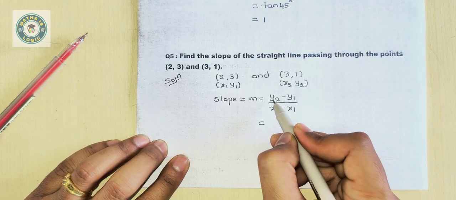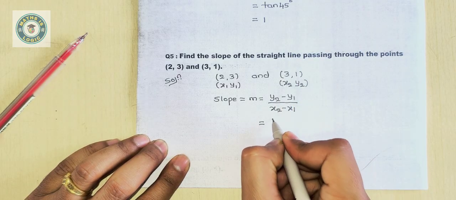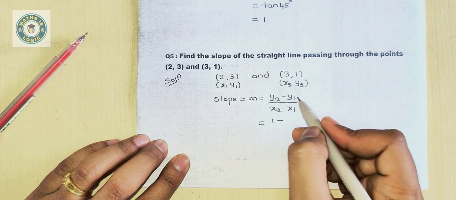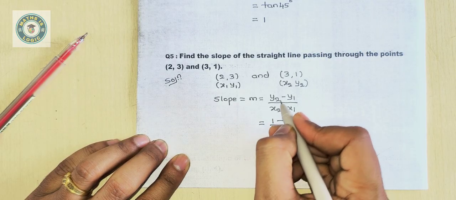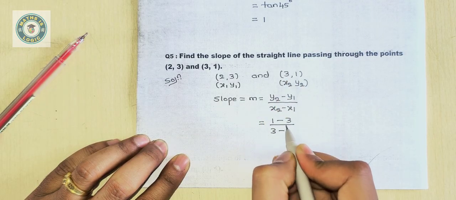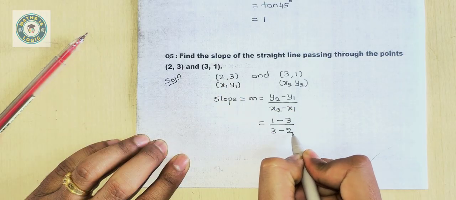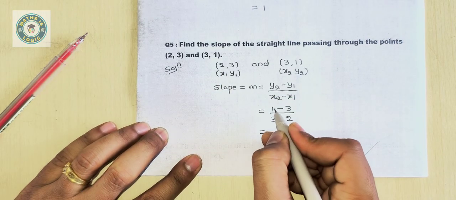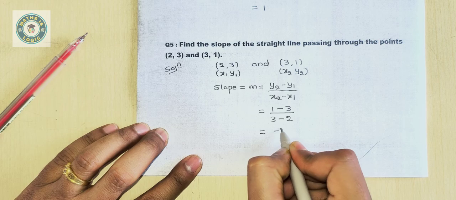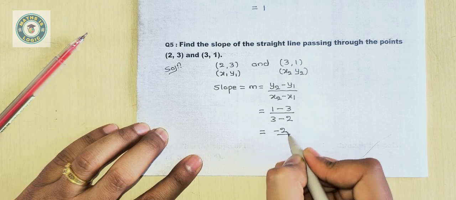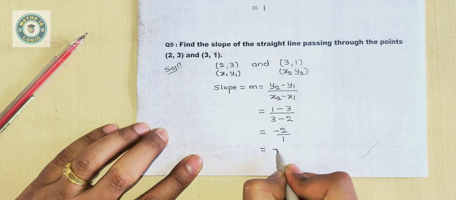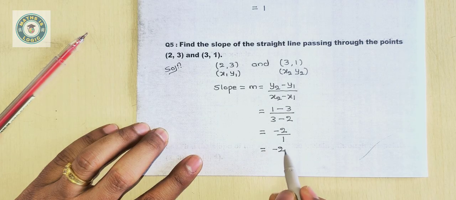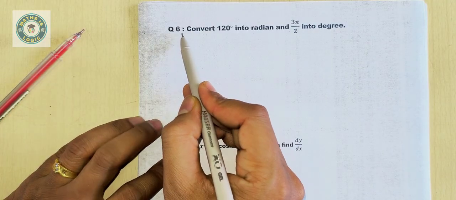Next substitute the values: y2 is 1 minus y1 which is 3, divided by x2 which is 3 minus x1 which is 2. Therefore 1 minus 3 is minus 2, divided by 3 minus 2, which is 1. Therefore minus 2 divided by 1 is minus 2. So this is the value of the slope.